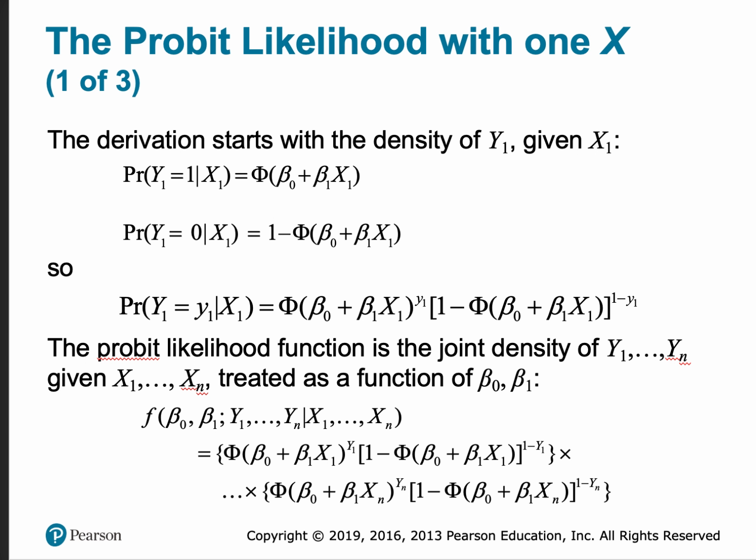The derivation of the probit likelihood with one independent regressor starts with the density of the first observation of y given x. Recall that the left-hand side variable is in essence the probability that y equals 1 given x.